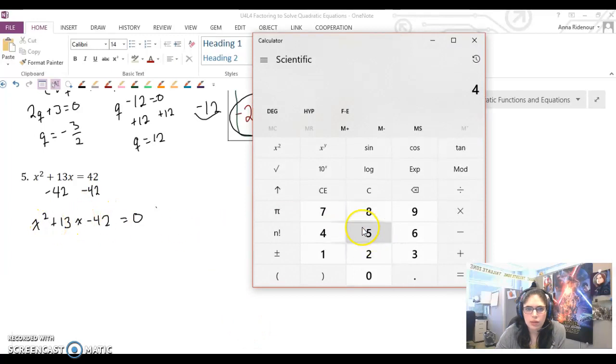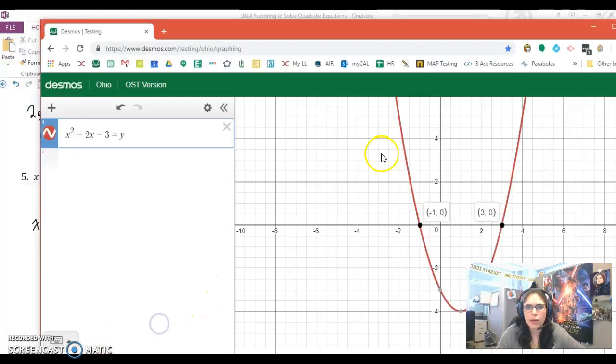But let me think. 42 divided by 3, what's that going to give you? Can't add those two. Okay, so you need a positive and a negative, and the bigger one has to be positive because you want it to add together. So I'm not thinking of any numbers off the top of my head. I thought about it. I can't figure out any numbers.